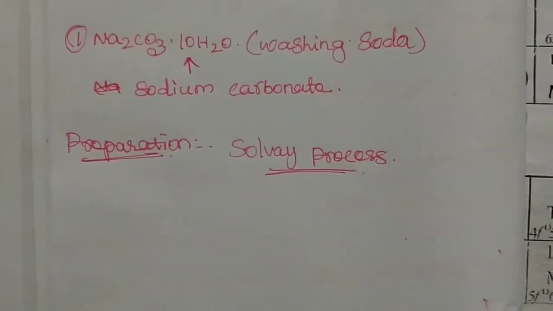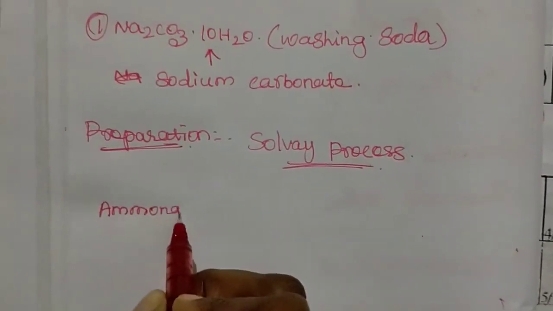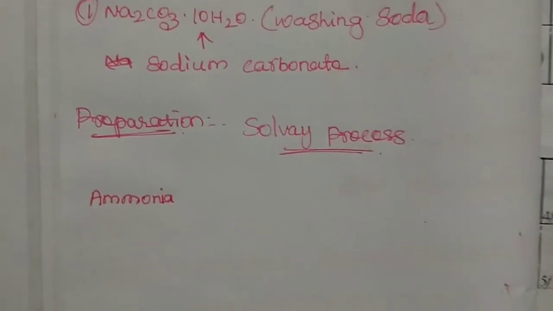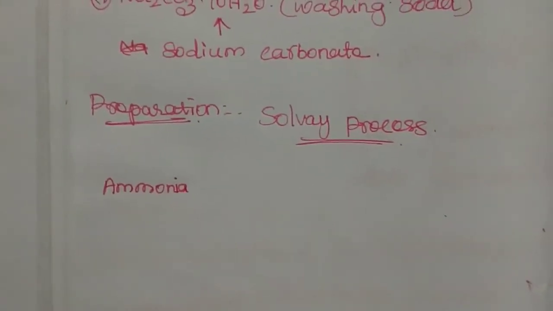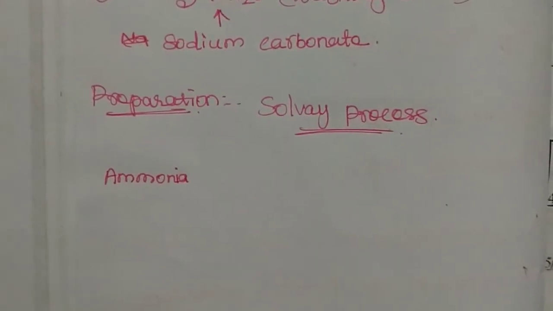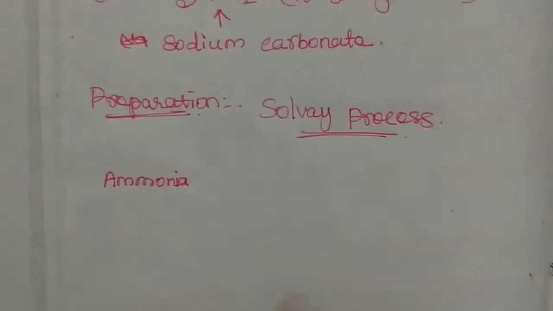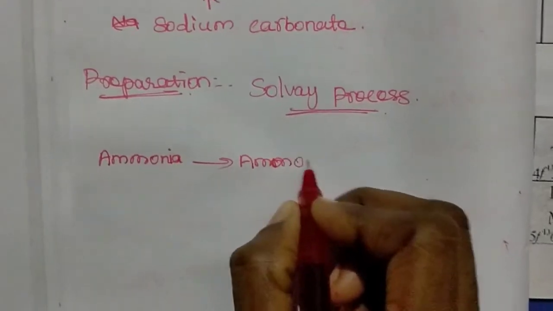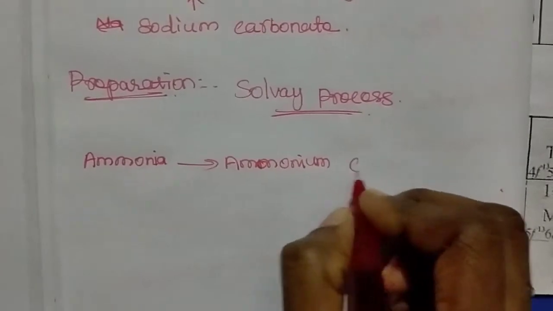For this we first take ammonia. Ammonia is converted into ammonium carbonate with the addition of water and carbon dioxide. Passing water and carbon dioxide through ammonia converts it into ammonium carbonate.